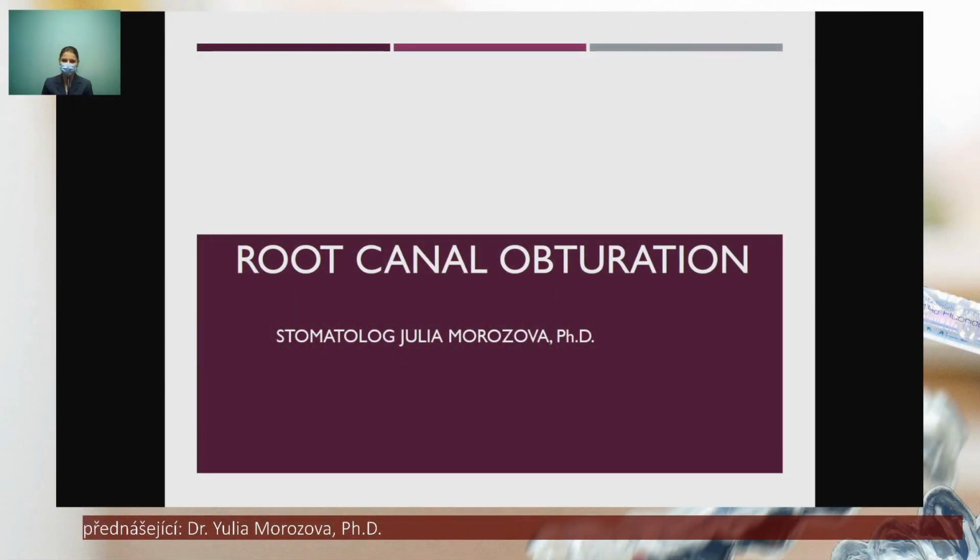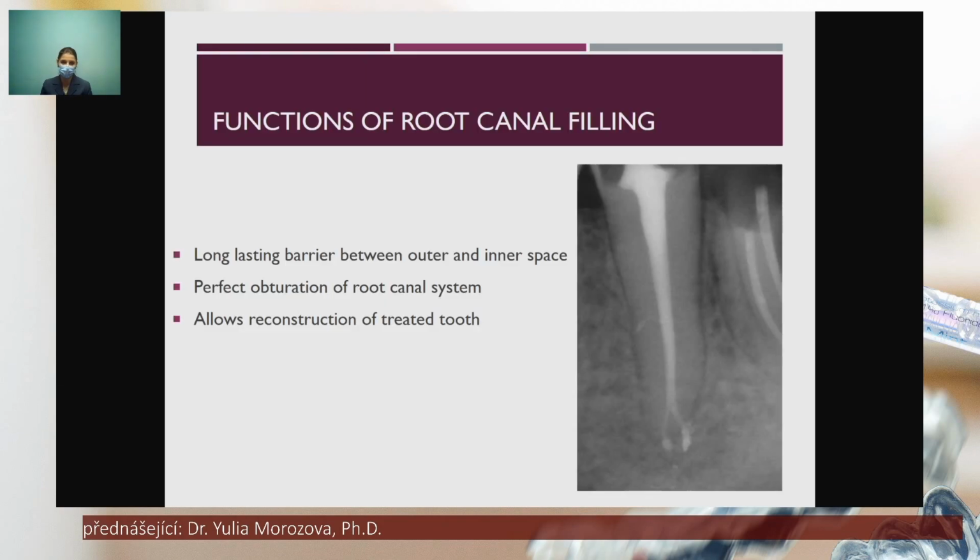Dear students, the topic of our next lecture is root canal obturation. So, first of all, let's say the main functions of root canal filling. It provides a long-lasting barrier between the outer and inner space of the root canal system, and also it provides a perfect obturation of all of the root canal system, in some more successful cases, even including some ramifications and accessory canals.